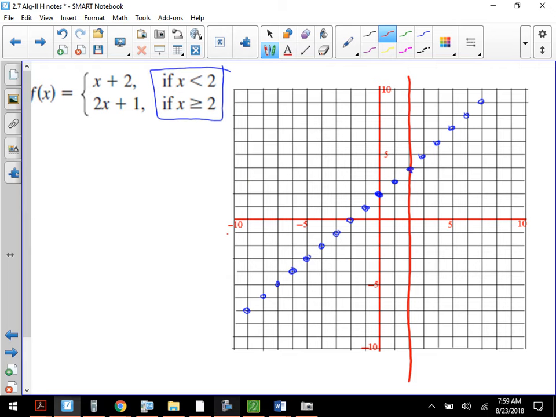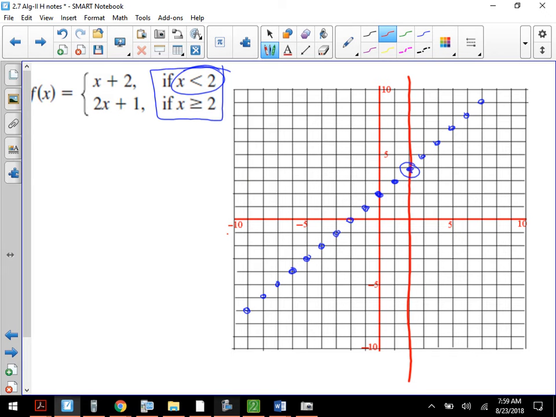Should it be a solid dot or an open dot? It should be an open dot. Very good. The reason that should be an open dot is because this is a less than. So what I normally would do is this. I'm just going to circle it, make it overly exaggerated, because you're on the right spot. And you've already made a dot there, but if you over circle it, I know that it's an open dot. Does that make sense?